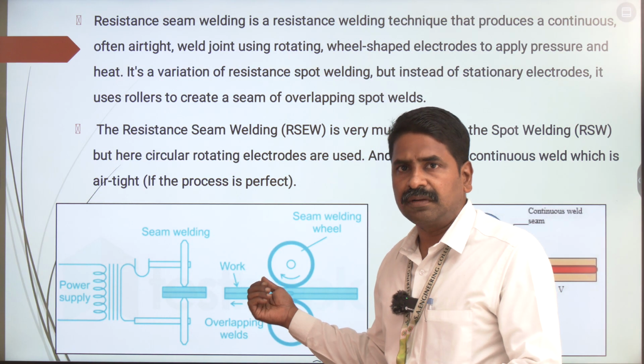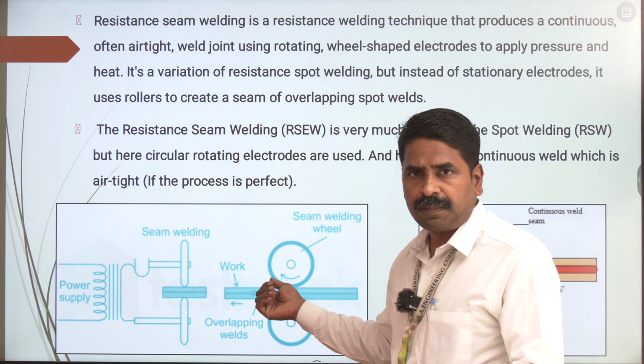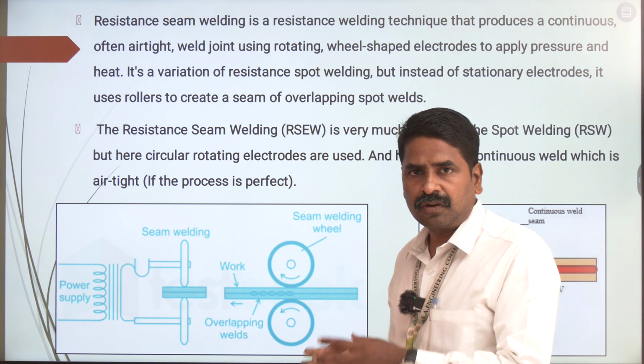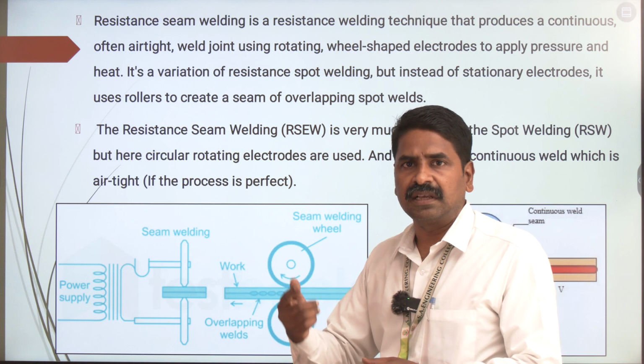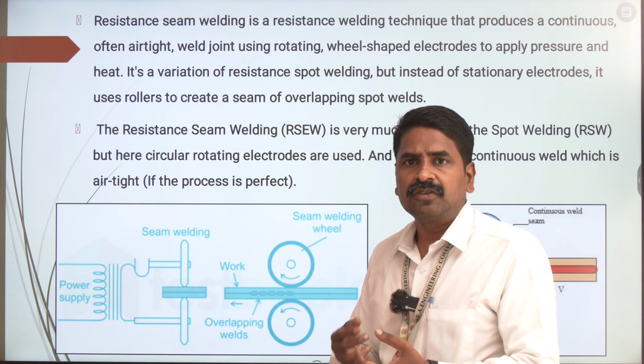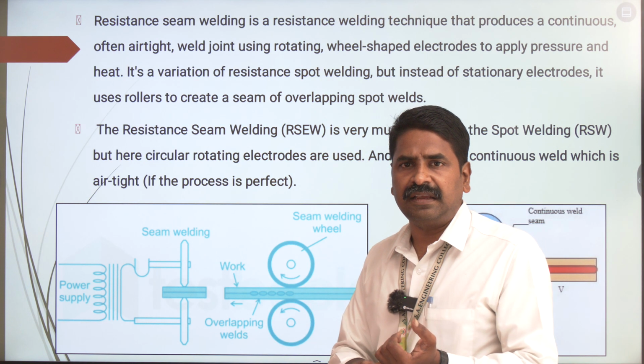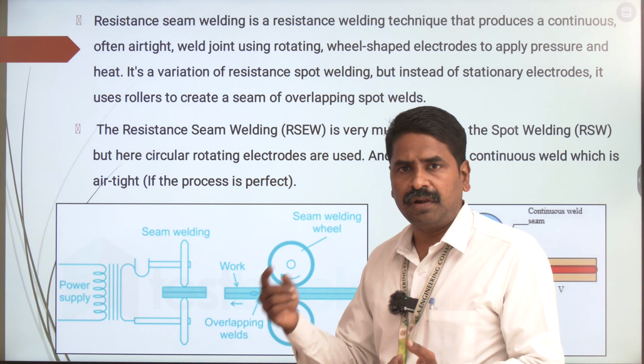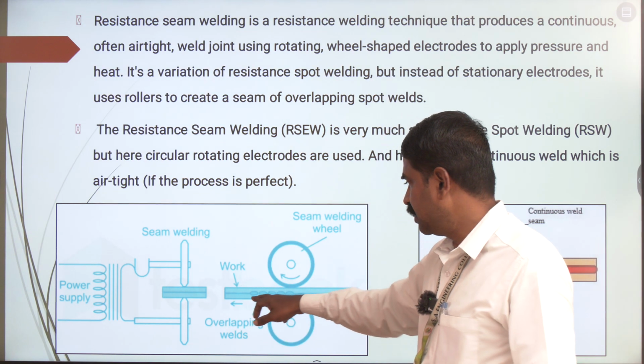The electrodes are made out of copper, and these copper electrode discs, in the form of a circular wheel, are going to generate electricity. So by applying electrical resistivity and by applying pressure, you are going to generate the joint, as you can see over here.